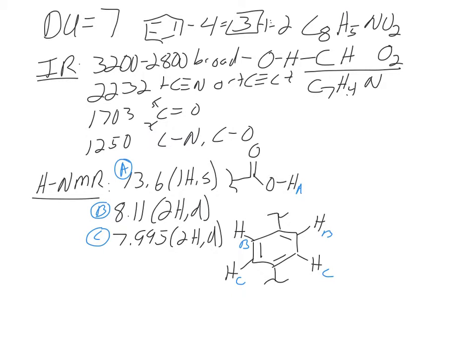And how will they be coupled? How many nearest neighbors does C have? 1, 2, 3. Right? So 3 bonds away, so that'd be a doublet. So that makes sense, right? Do you need to know which one's A and which one's B and which one's C specifically? No. You don't need to know which one's which specifically. So there's a whole piece. Let's subtract that piece out. So what's that worth? Minus C6H4.